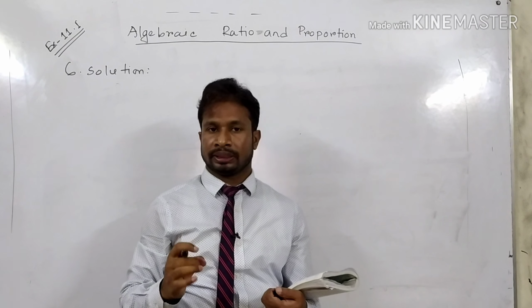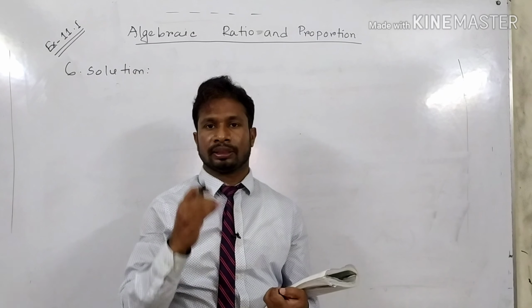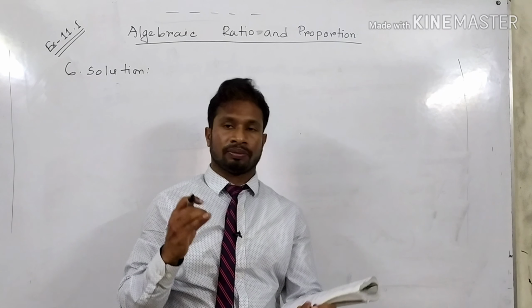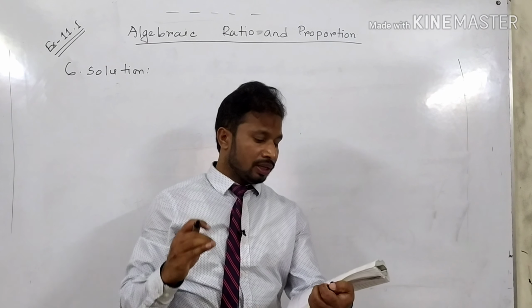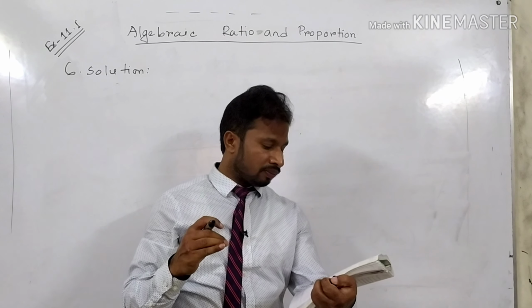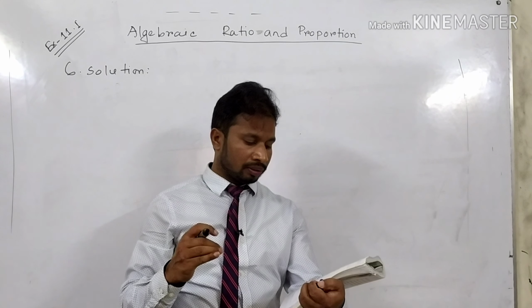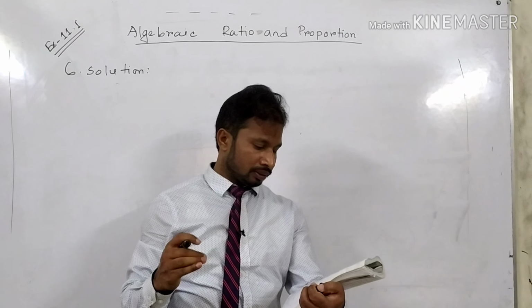That is present. Sometimes it is not mentioned, but that time you have to consider that it is present. Seven years ago the ratio of the ages was 5:2. What will be the ratio of the ages after 5 years?